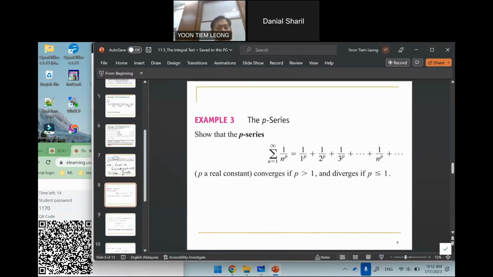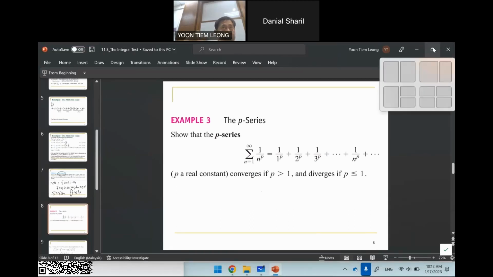It's very easy, right? For example, you have what we call a p series. The p series is one of the very important cases, meaning its result will be used again and again. We are going to use these results later on. When we continue to discuss the topics, you'll see that we have to recycle many previously known results.